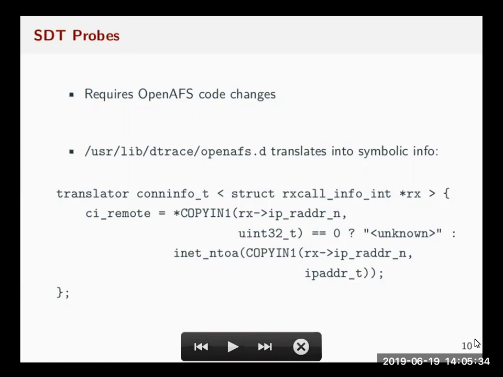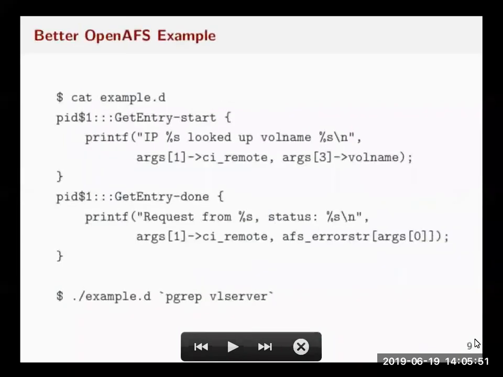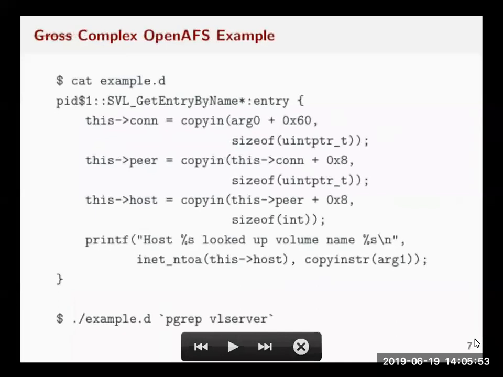When I use regular expressions with DTrace, for example, to print something every time any function that starts with RX is called. So Marsha is asking if we can use regular expressions for the probes. We can't, there's no regex, but there are globs. I show that here, like get entry by name star.